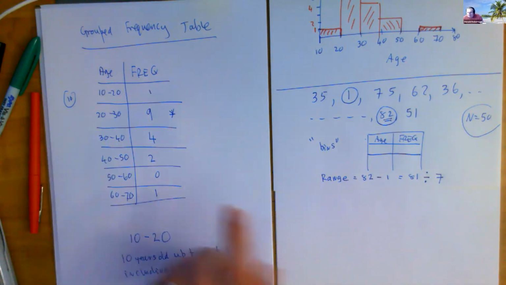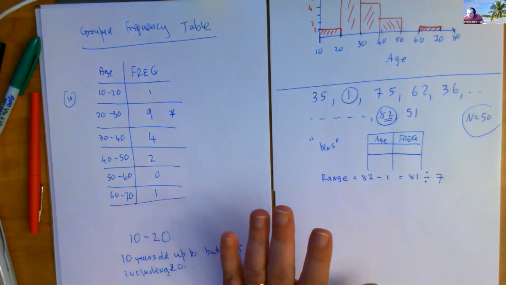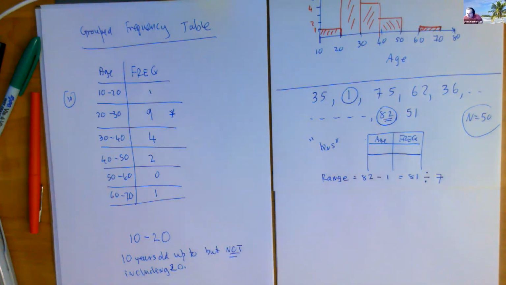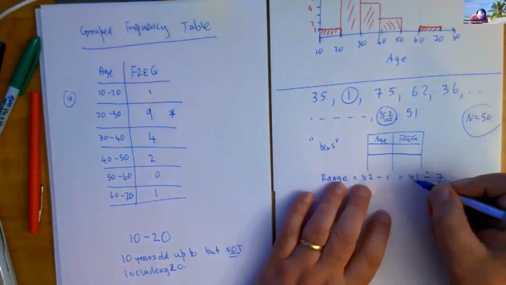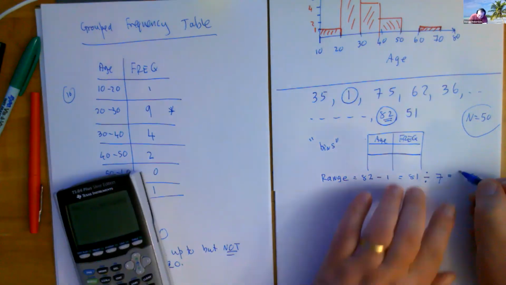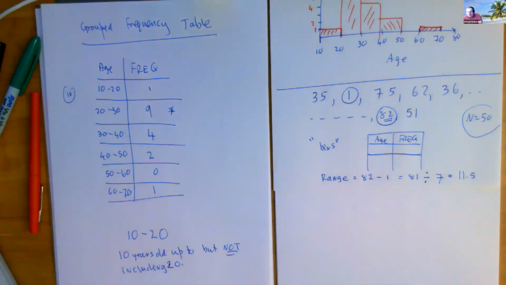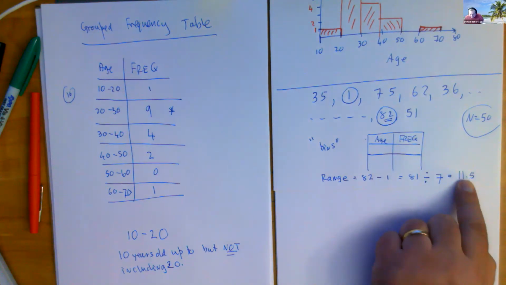Now you can have 6 rows, you can have 8 rows, you can even have 9 rows, but roughly about 7, right? Now if you do 81 divided by 7, you are going to get the beginnings of how big to make your bin. And the answer I'm getting here is 11.5. That is not going to be the bin size, but it is going to be the guide that helps me get the bin size.